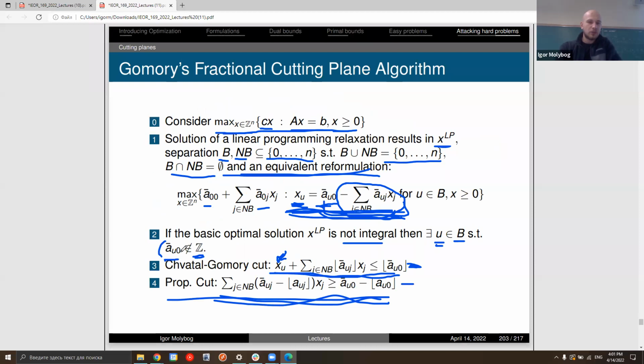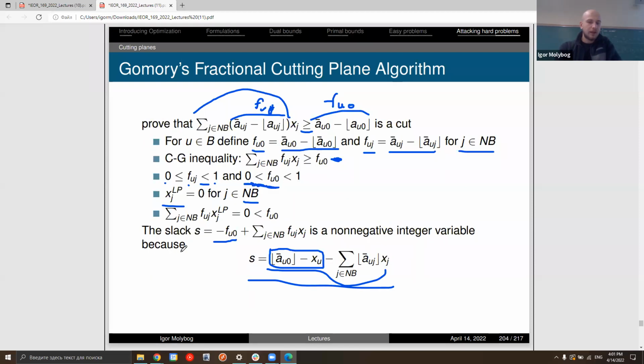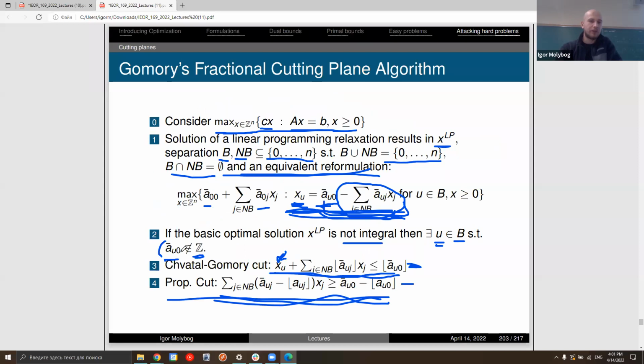So at this point we have found out that this way we can always construct valid cuts. For any optimal solution of any LP relaxation, a basic solution, we can construct a cut in a systematic, algorithmic way.